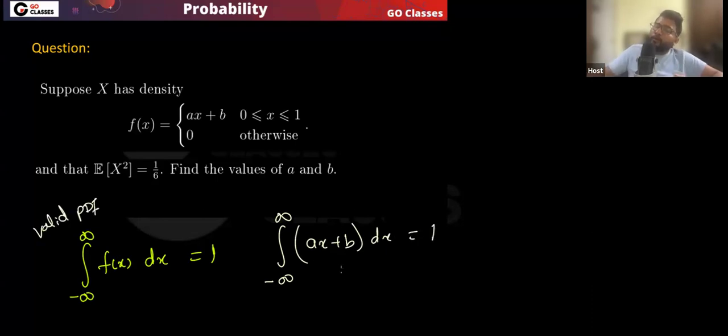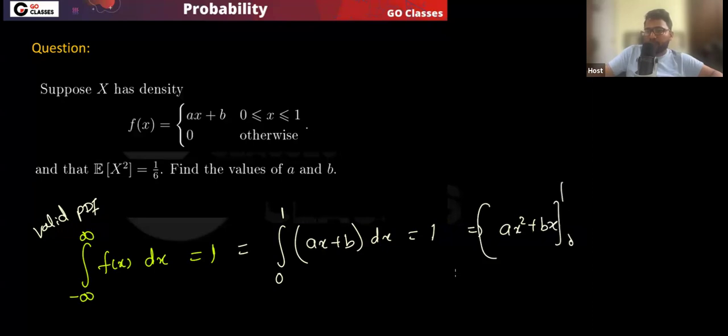So from here, you will get one equation between a and b, right? You can write 0 to 1 because that's the only non-zero region. So the integral is ax squared by 2 plus bx, from 0 to 1, which gives a by 2 plus b. That is the one equation you have got.